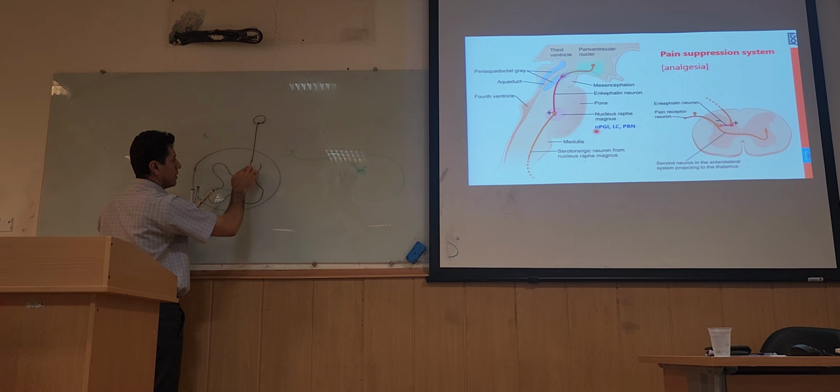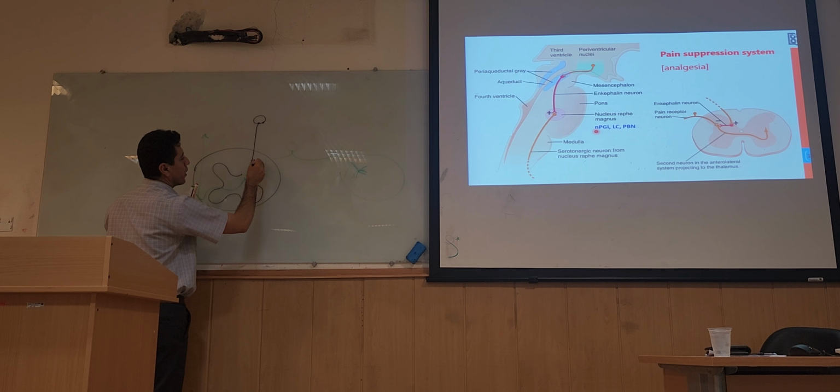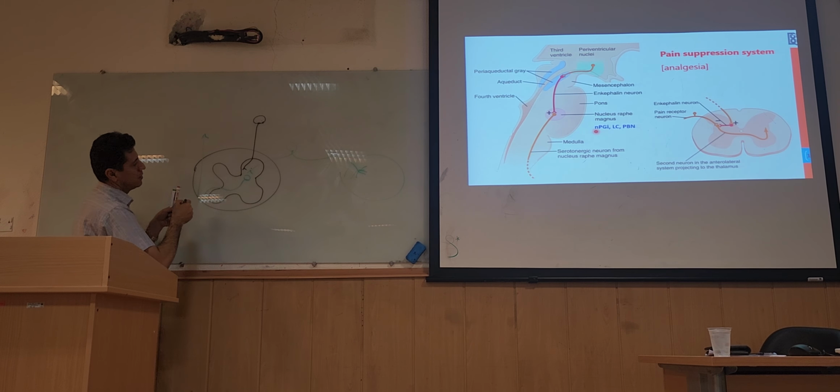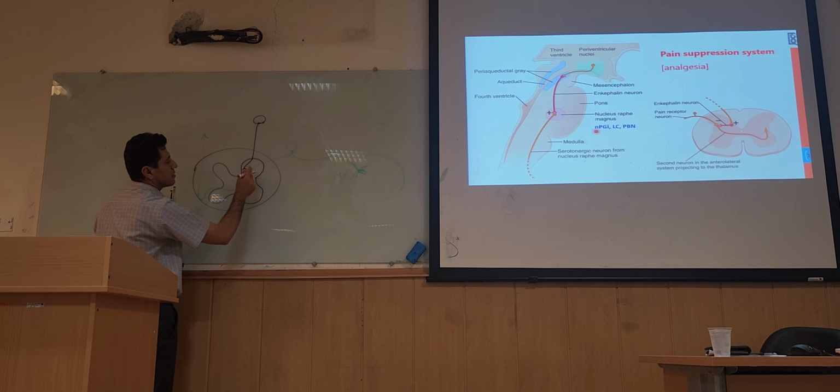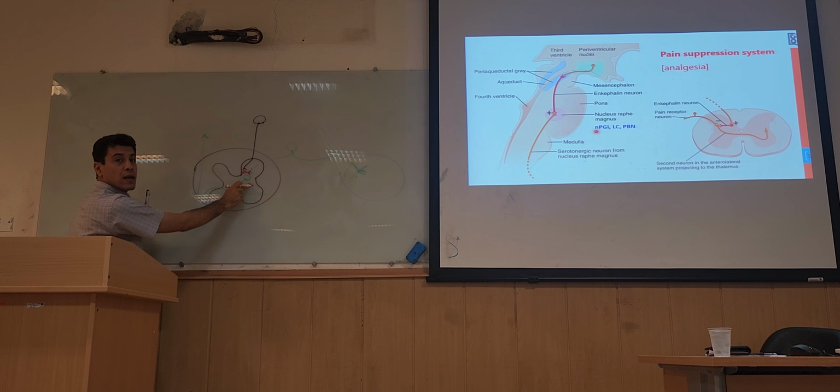Let me widen this, we need more area. They come here and activate an interneuron, which makes synapses onto this one and this one. This red one releases enkephalin.